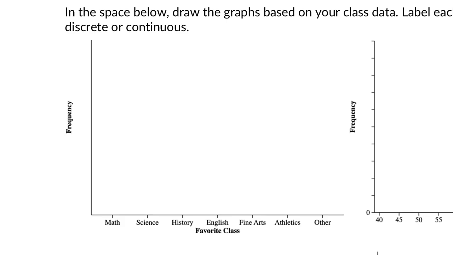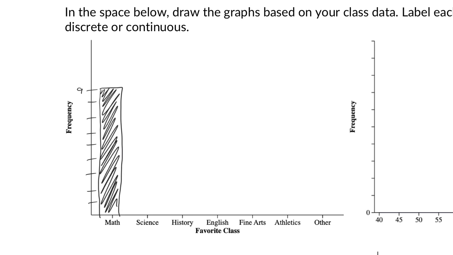So what we're going to do back on our notes is we're going to make 9 tick marks. 1, 2, 3, 4, 5, 6, 7, 8, 9. Pretending that they're all equal because I'm a human and I can't draw very well. And we're going to make a bar chart around the math section that shows the 9 people who chose math as their favorite subject.